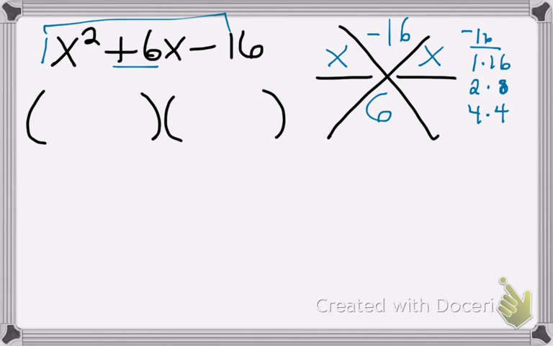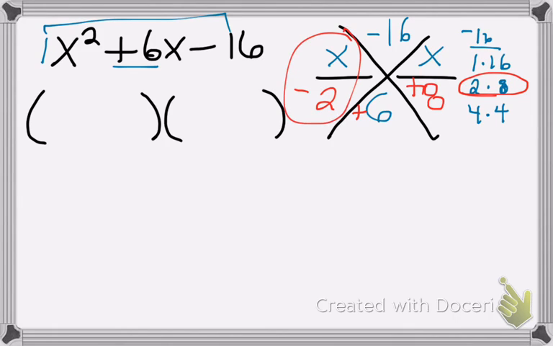And as you can see, the one that's going to subtract to 6 is 2 and 8. So when I put 2 and 8 in here, 2 times 8 is 16, but one has to be negative. Since 6 is positive, my bigger number is going to be positive, my smaller number is going to be negative. That multiplies to negative 16, but adds to positive 6.